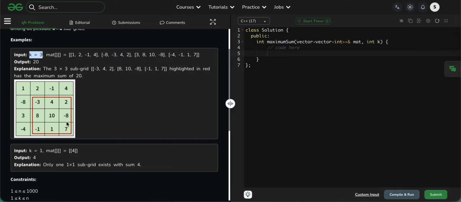So what do you understand from this question? The question says that we have an n by n matrix and an integer k.